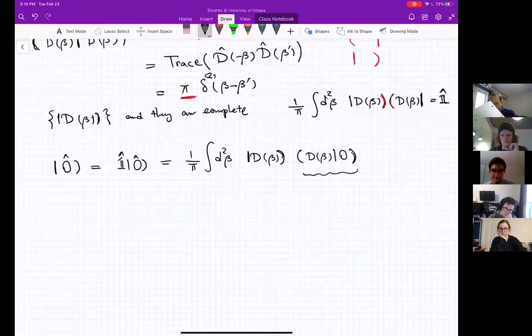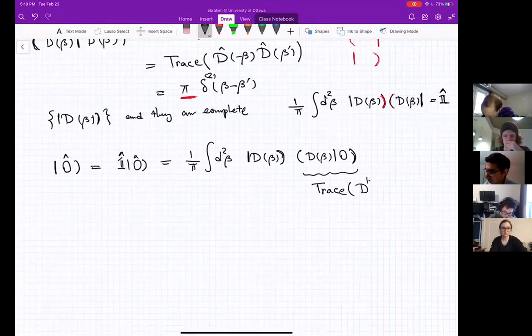What is this? The inner product of two operators, which we define as the trace of D dagger beta operator O. Eric just told us that D dagger beta is equal to D minus beta, which is what we looked into when we looked for the orthogonality relation. Good.